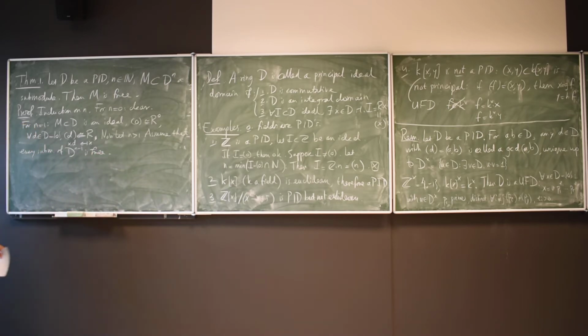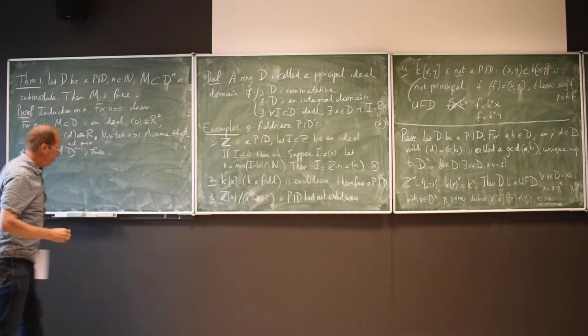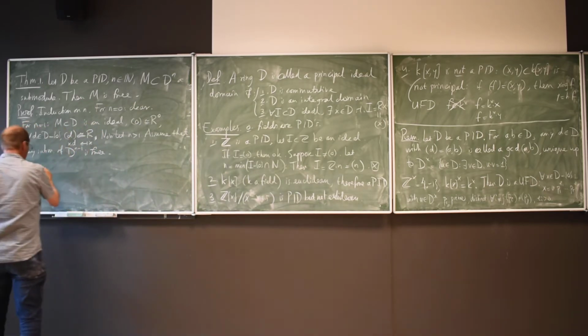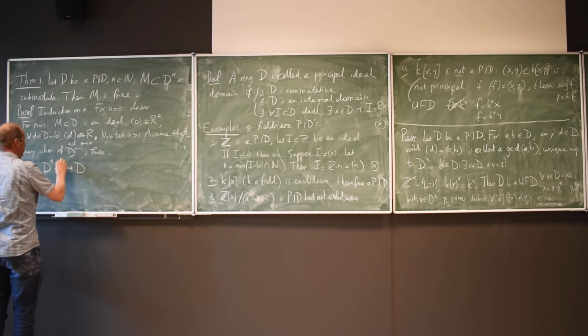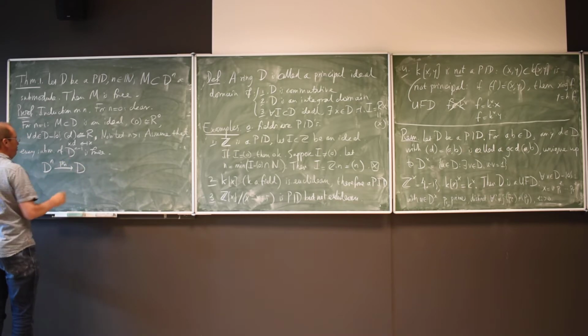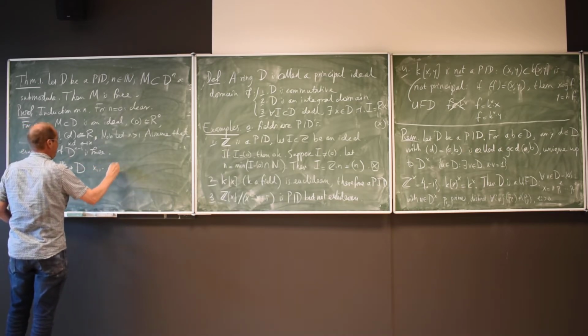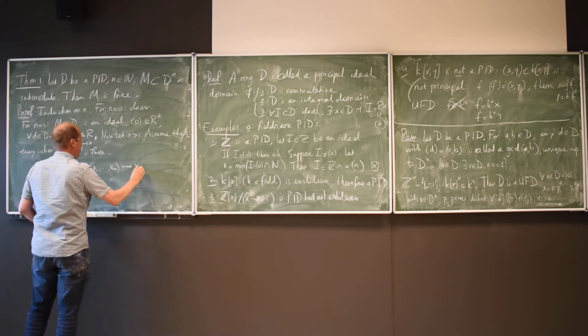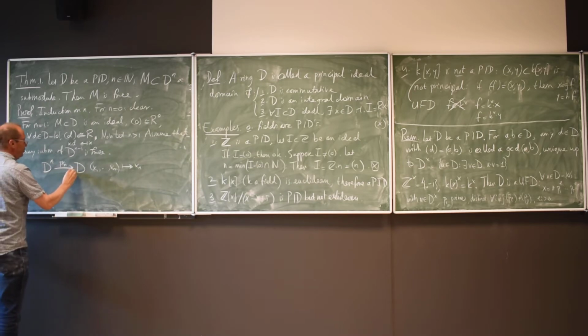We are going to prove that any submodule of D to the N is free. For that we consider the following. We map D to the N to D by projection on the nth coordinate. This map sends x1 up to xn to xn, and this is a surjective map, of course.